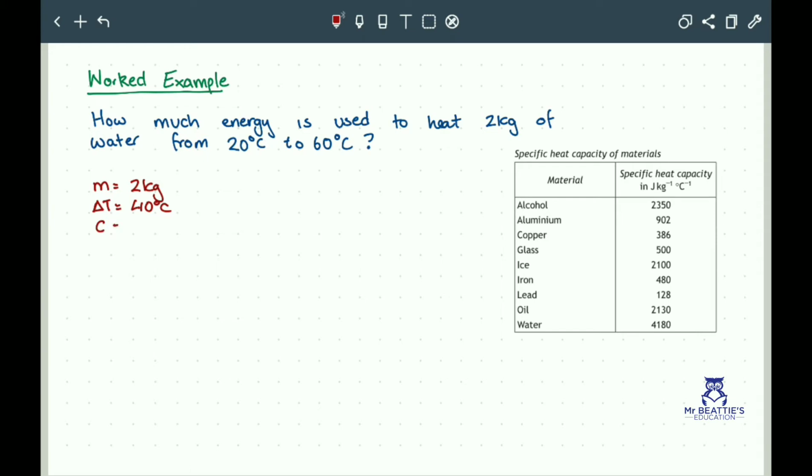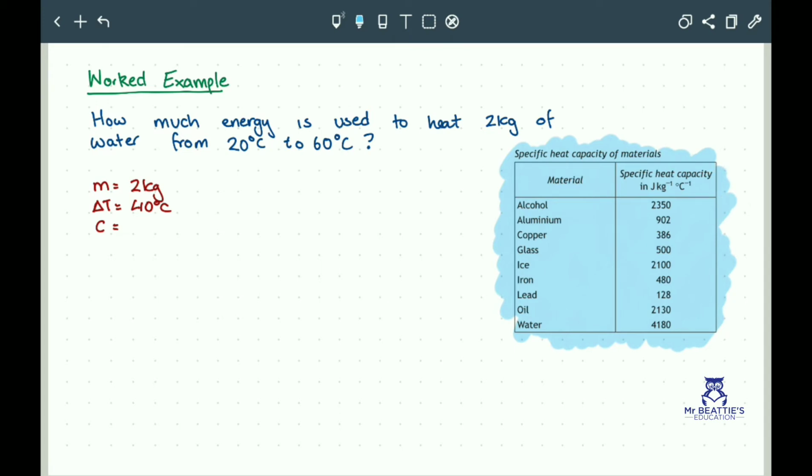Our specific heat capacity is the harder one to get, or in some cases the easier one to get, depending on how you look at it. You have to remember that you have to use this table that I've got pictured over here. This table is at the start of all tests you do, all assessments, all of that. It's there, and this table is our table of specific heat values.